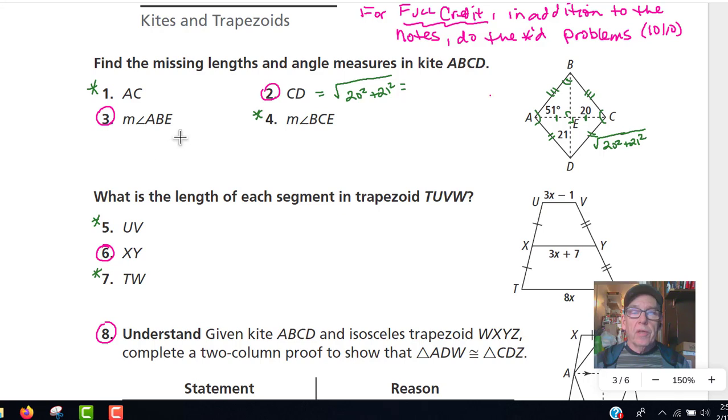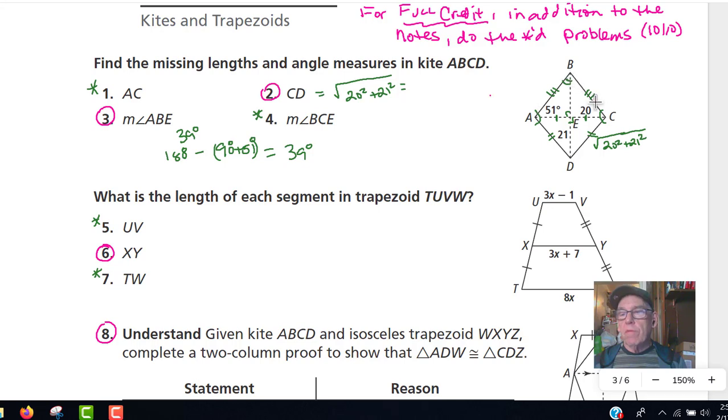So 39 degrees is the measure of angle ABE. We're actually doing 90 plus 51 subtracted from 180 comes out to be 39. These are all degrees.